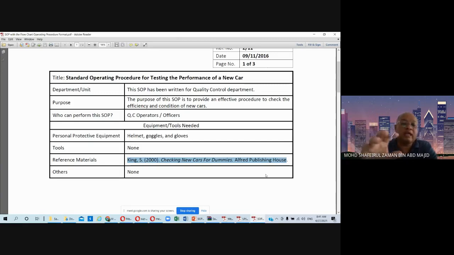When you take the information from that source, you need to cite it in the reference materials. In this context, maybe this is a book: the name of the author, the year it was published, the name of the book, and then the publisher, Alfred Publishing House. This is how you're supposed to write reference materials. It follows the APA 7th edition.